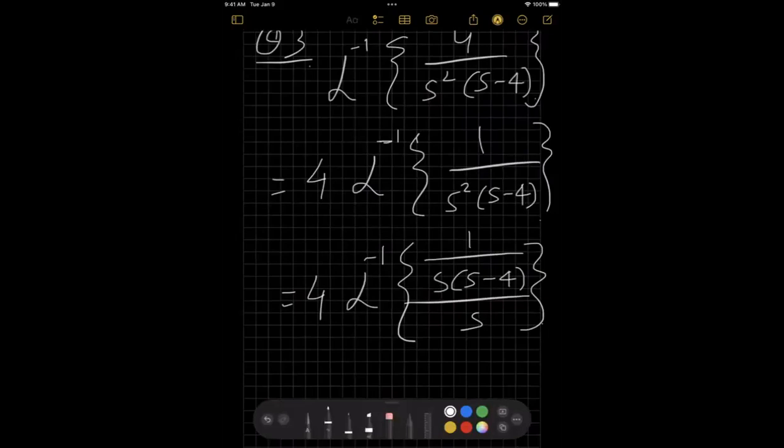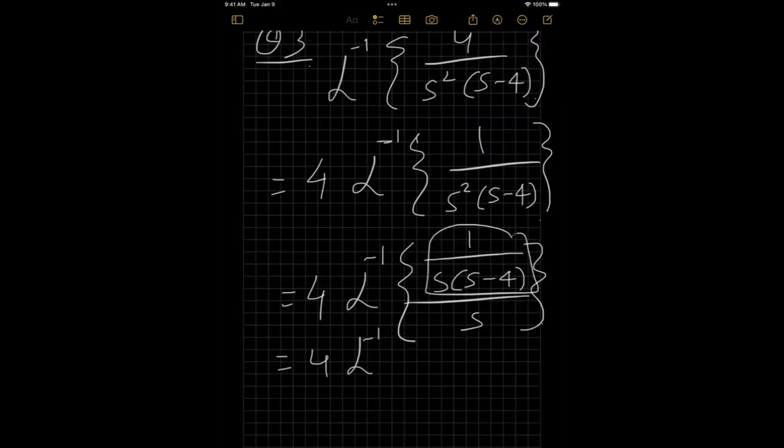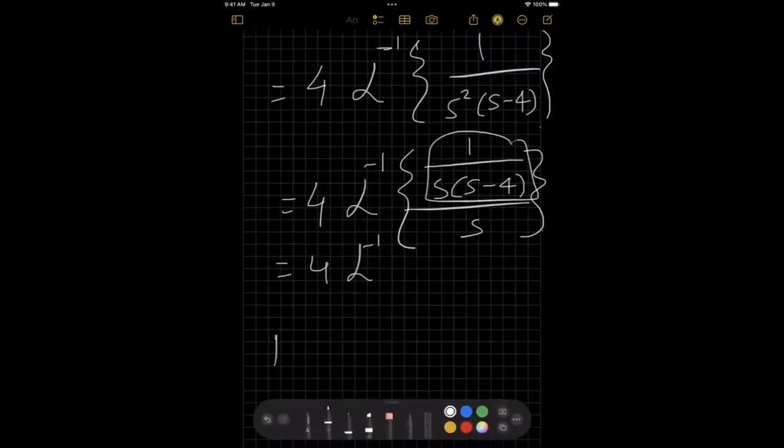My space is a little bit short, so I have to manage things around. So then this term will become 4 times Laplace inverse. This is our F(s), according to that formula. So let our F(s) be 1 over s into s minus 4.